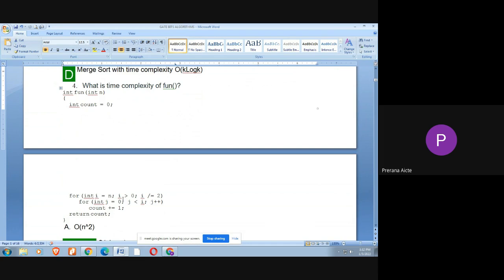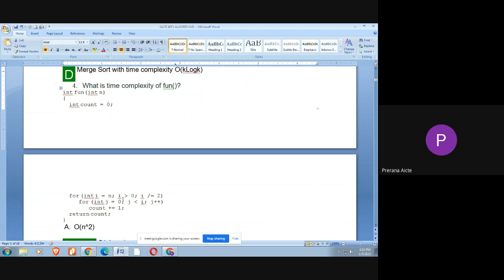And the other way is we can prepare a frequency table. In the frequency table method, the first column is the given code, and the second column is the statement per execution, whether that particular statement is an executable statement or not. If it is an executable statement, we put 1. If not, we put 0.